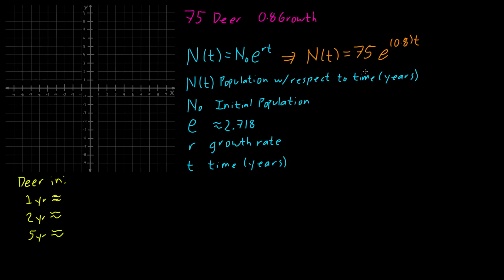And now we are going to calculate what we estimate the population to be at these times. I'm going to start constructing this in my calculator. 0.8 times t, and I'm ready to roll.